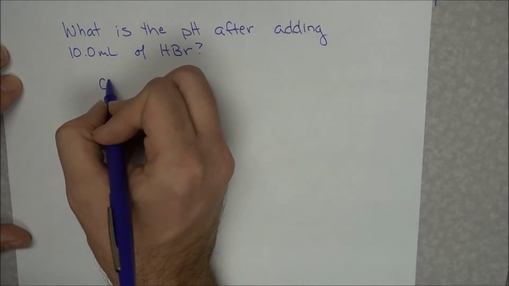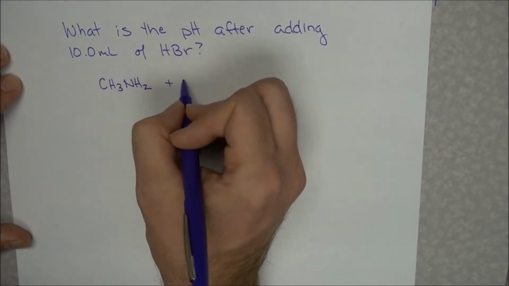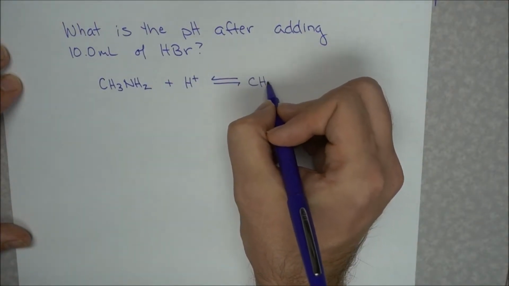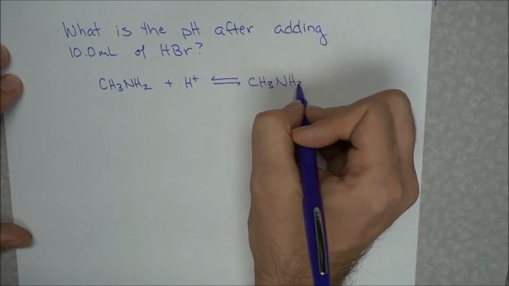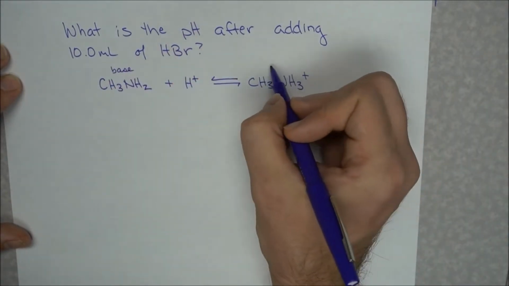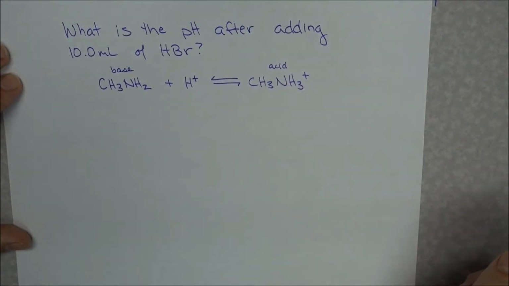So let's remember, this is our methylamine. And we're adding to it our acid, and we're going to end up getting this. Remember, this is our base, and this is an acid, and that's going to be important when we use the Henderson-Hasselbalch equation.